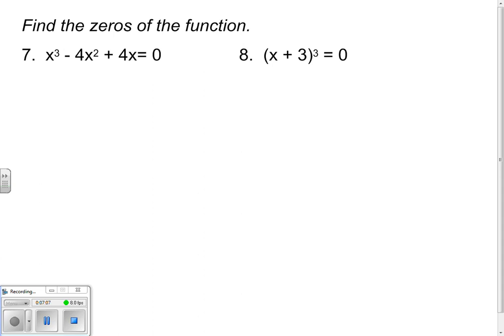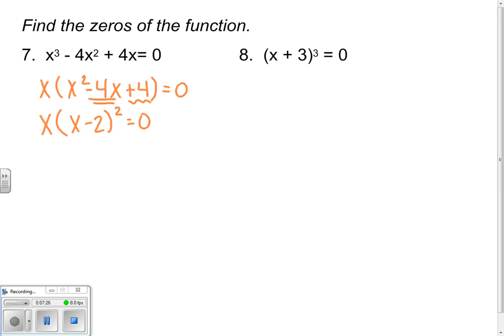All right, number 7, GCF this one first. I'm going to pull an x out. Leaves me with an x squared minus 4x plus 4. Two numbers that multiply to 4 and add to negative 4 are negative 2 and negative 2. So x minus 2, I'm going to write it like that with a little 2 in the air. Just means there are 2 copies of it.